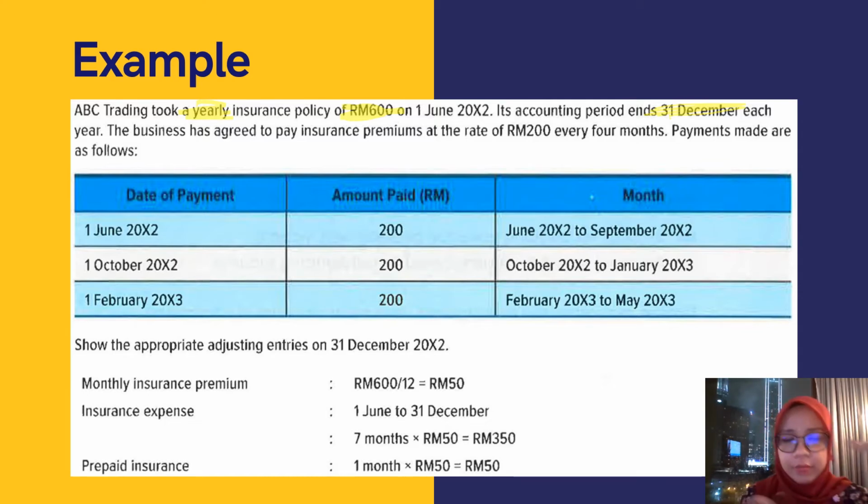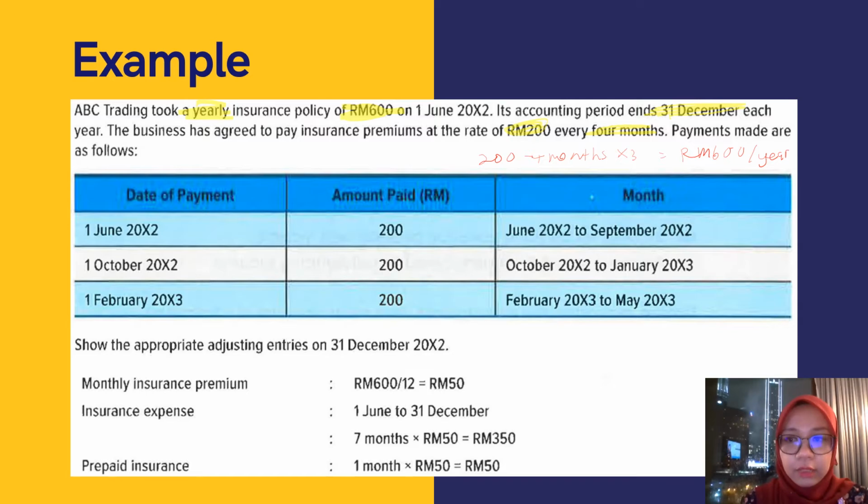But the business agreed to pay the insurance premium at the rate of 200 ringgit every 4 months. It makes sense because 200 ringgit for 4 months, in a year we have 12 months, so times 3 equals 600 per year.